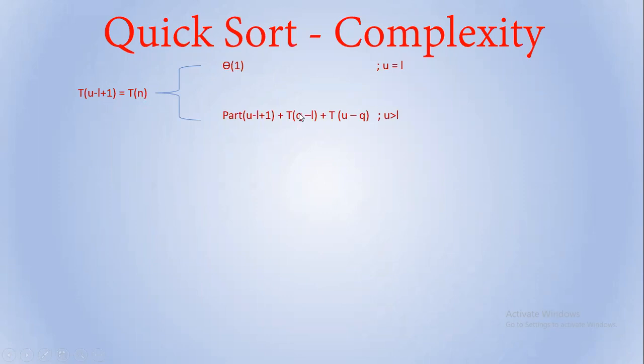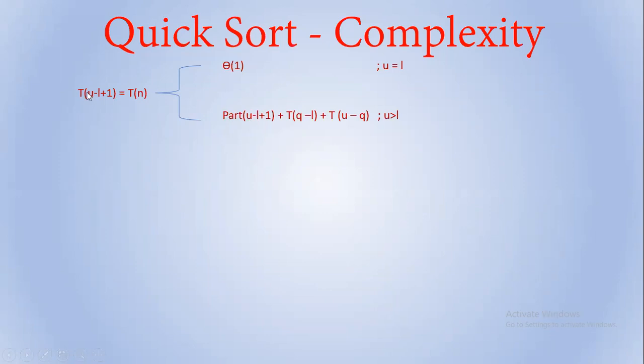Unless Q is equal to L. If Q is equal to U or L, then one of them will be 0 and one of them will be only one less than this one. That is in extreme cases. So this is the complexity.